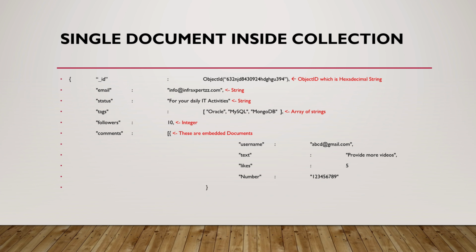If I insert something like Azure video false, that is Boolean. Array should have square brackets and a list of elements separated by commas.